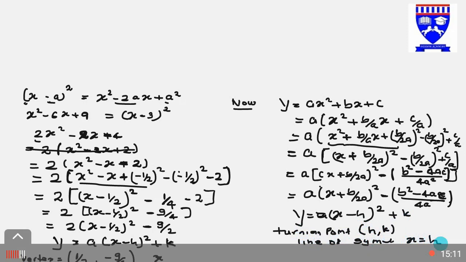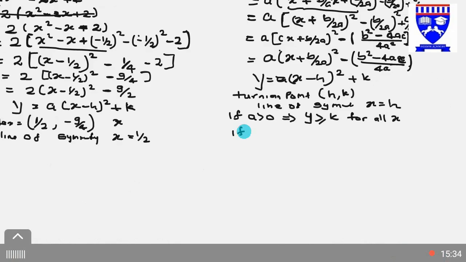Here, if a is greater than 0, then y is always greater than or equal to k for all x. If a is less than 0, then y is always less than or equal to k for all x. Okay, so this is the conclusion.